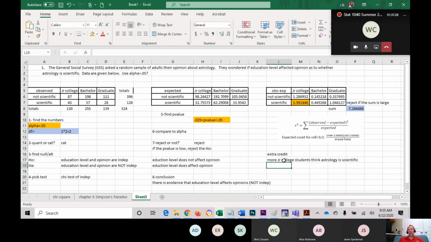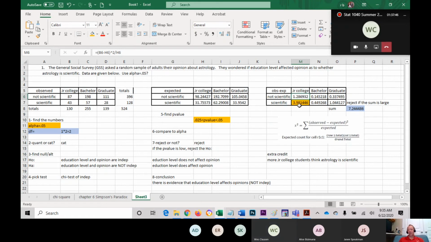What's the next biggest number? Grad students. It's actually this one here.